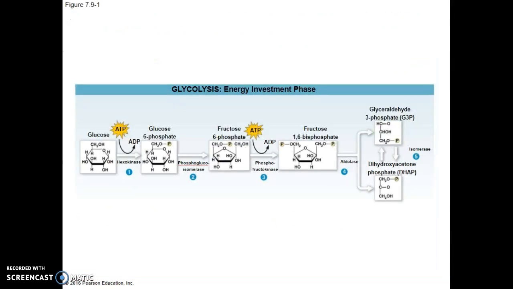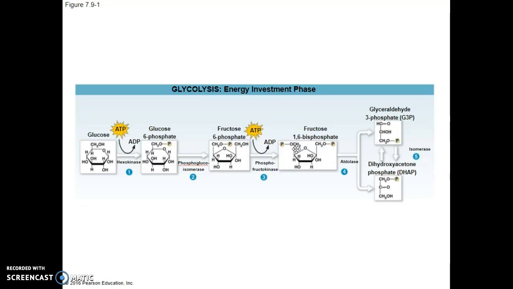When we look at glycolysis, you start off with glucose, which is a six carbon molecule, and a phosphate group is transferred from ATP to form glucose 6 phosphate. After that happens, glucose 6 phosphate is converted to fructose 6 phosphate because these are isomers of each other. Then another phosphate group is transferred from ATP, which causes fructose 1,6 biphosphate to be created.